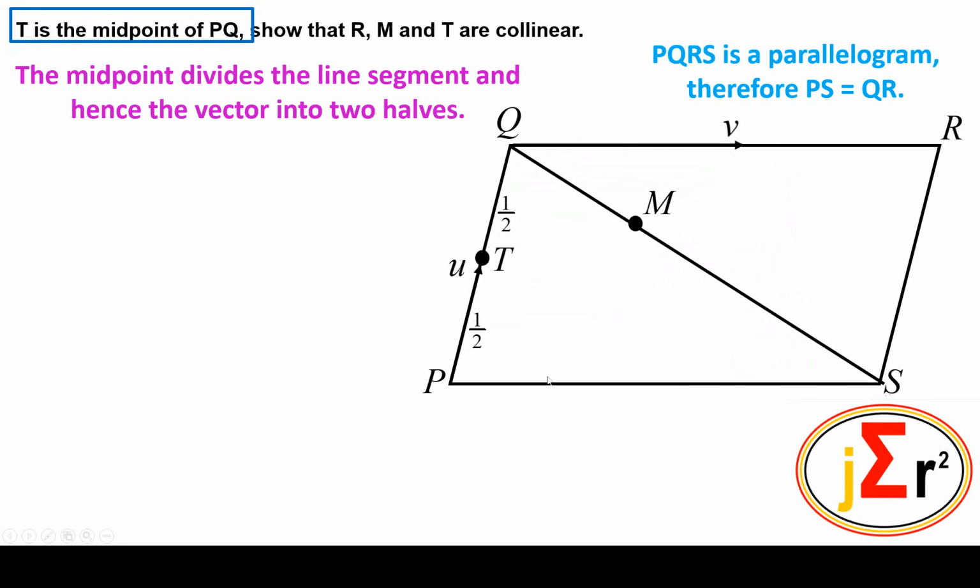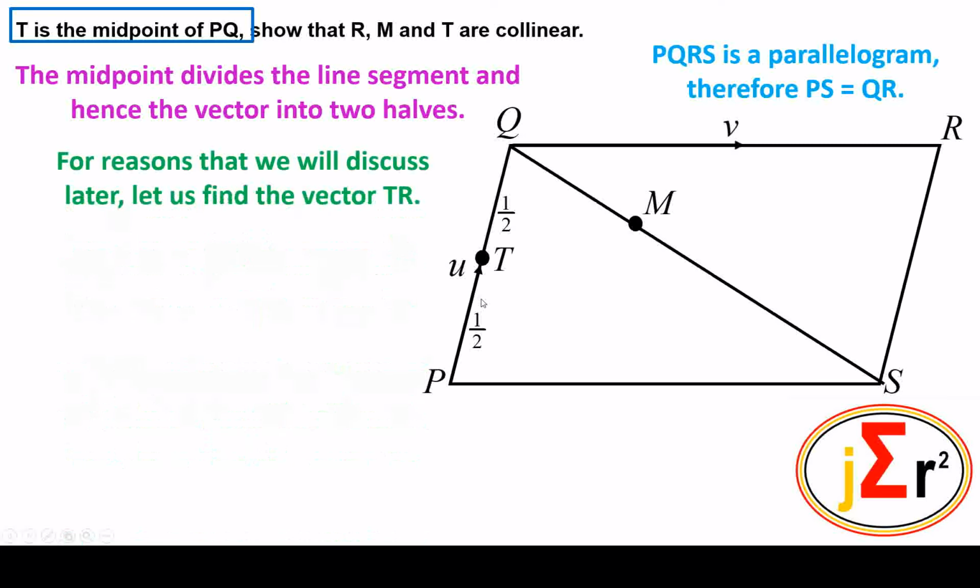To prove that the 3 points are collinear, we need two vectors involving these 3 points. And at the moment, we are attempting to find one other vector.